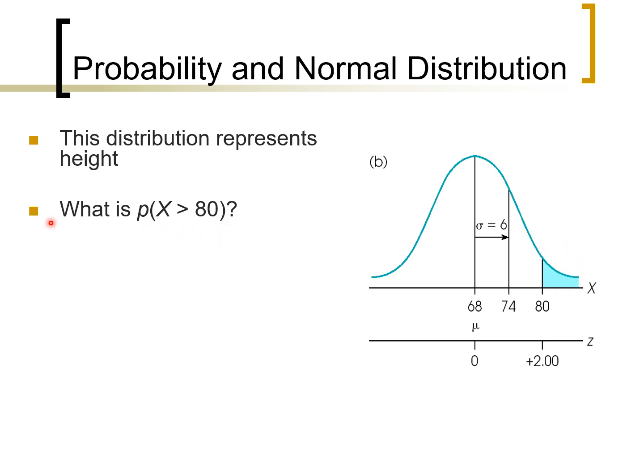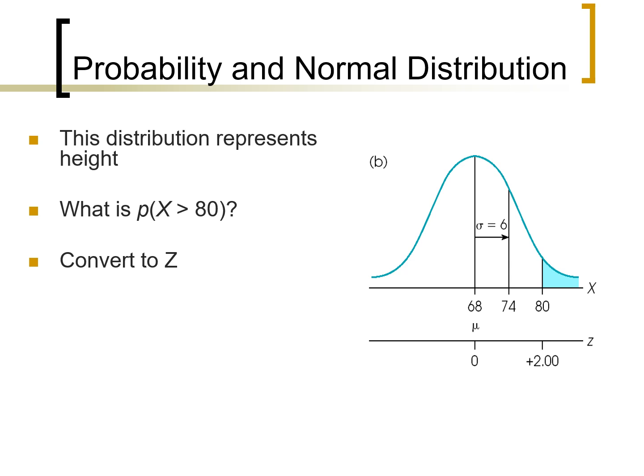Once again, if you're not familiar with these, take a little practice, but probability of getting an x score greater than 80, raw value. Well, the problem is we don't have a good way to break up this distribution in the raw units. So what we need to do is convert to z units, as we'll find out.